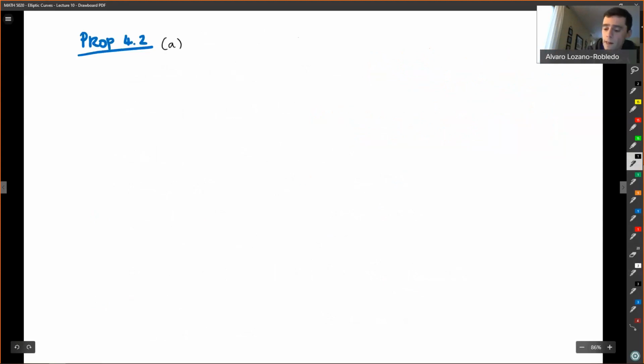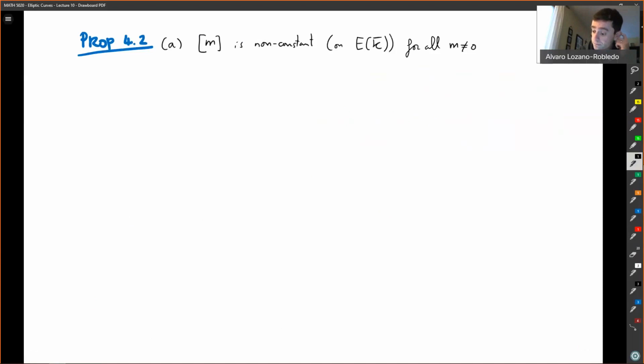A: The multiplication by m map is non-constant on E over K bar for all integers m that are non-zero. For any non-zero integer m, that is a non-constant morphism, or a non-constant isogeny.